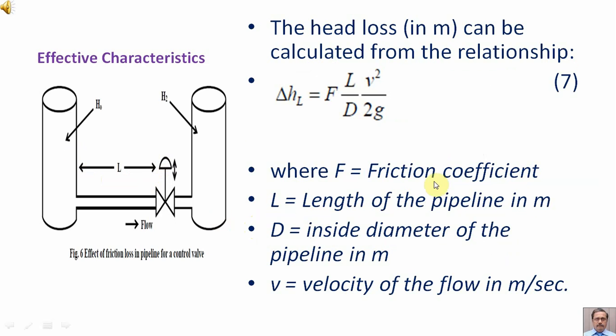The head loss in meters can be calculated from the relationship given in equation 7, where f is the friction coefficient, L equal to length of the pipeline in meters, capital D inside diameter of the pipeline in meters, and V is the velocity of the flow in meters per second.